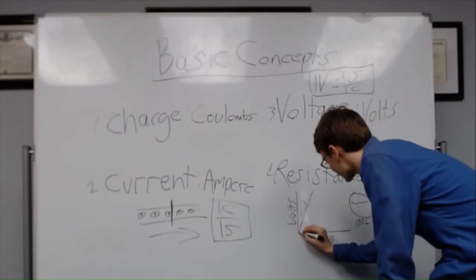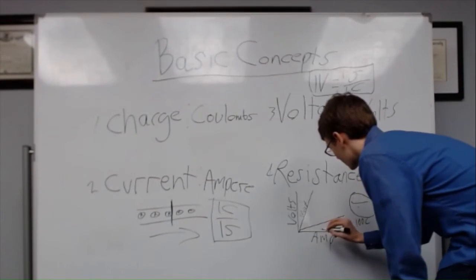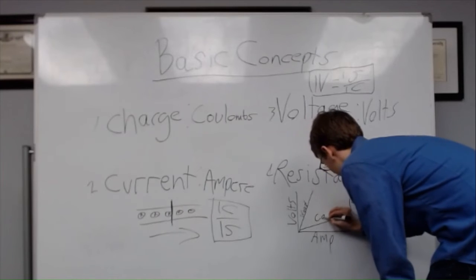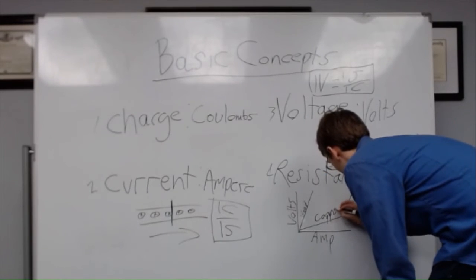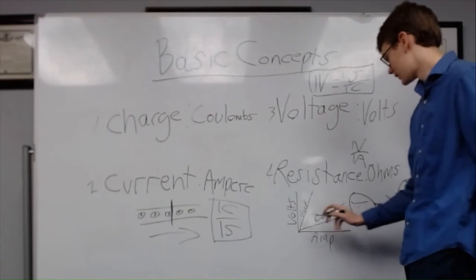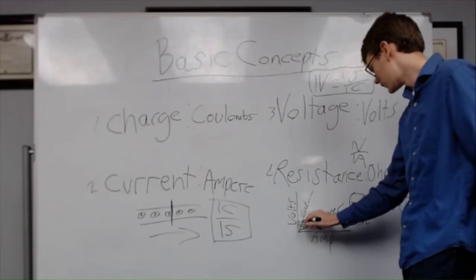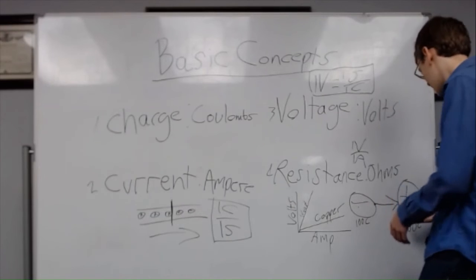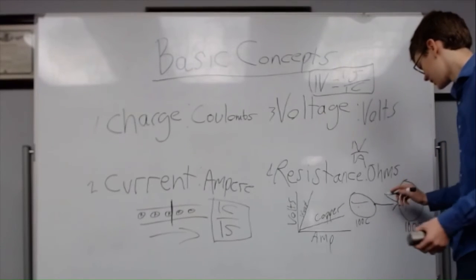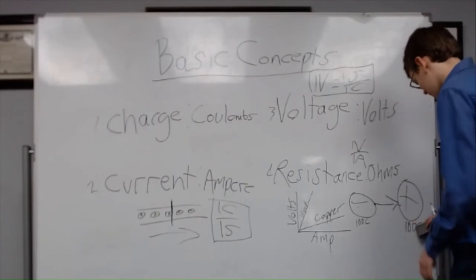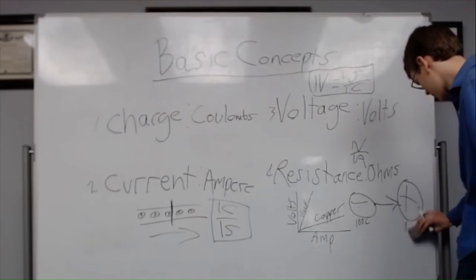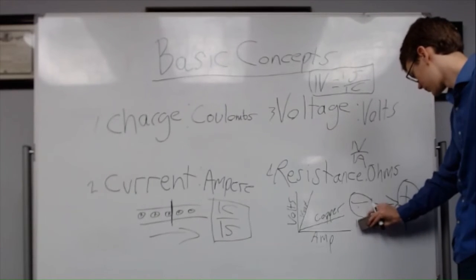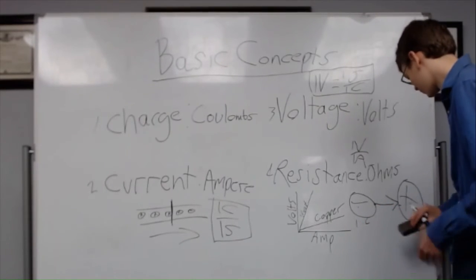then it's going to have a slope more like this. So let's say this is copper. This means that only a little bit of voltage is necessary to give it a lot of current. So let's repeat this, but with only 1 coulomb. There's only a single coulomb of charge.